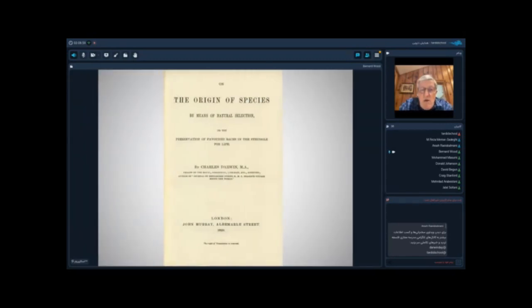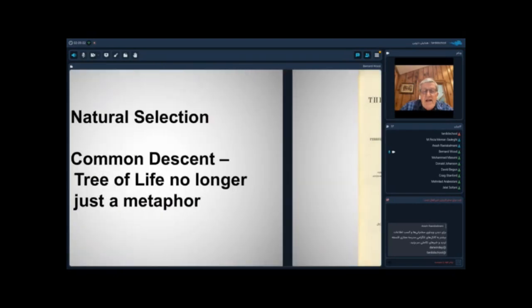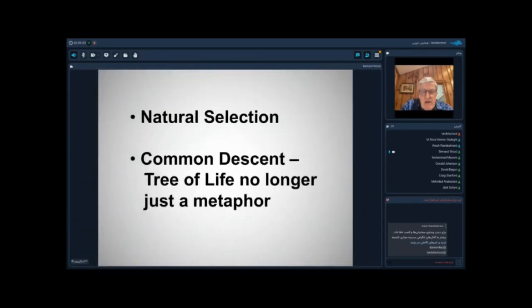The questions come from the two major ideas in the Origin of Species. The two major ideas are natural selection, and the other one is the notion of common descent.